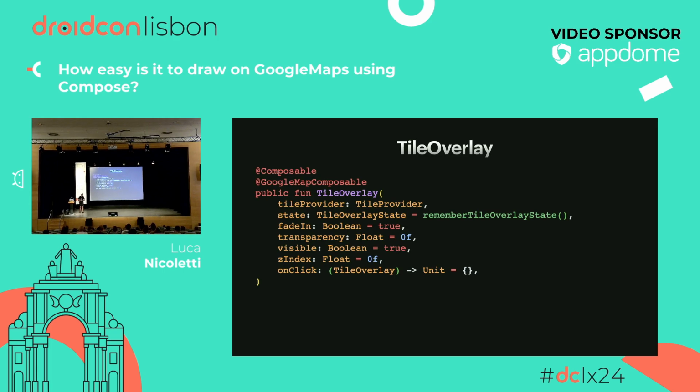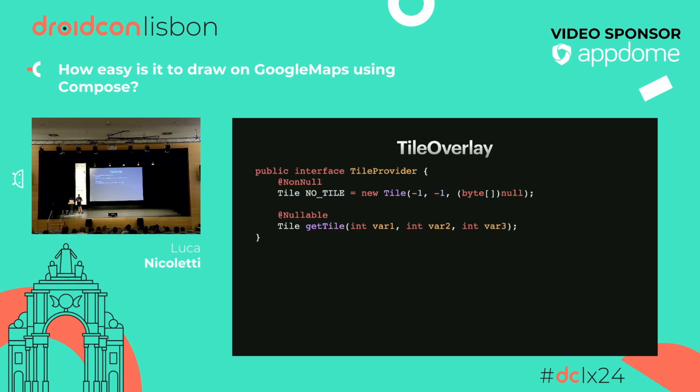The other overlay is the tile overlay, and it requires a tile provider. The tile provider is an interface that gives us a constant, which is no tile, and a function that we need to override that receives 3 parameters as input and returns a tile.